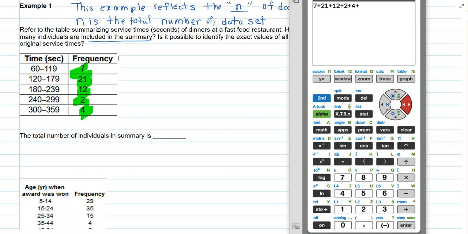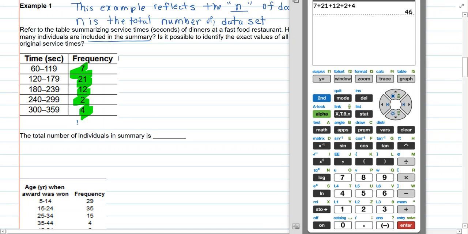And on this calculator, you can use the side arrow to delete any entry that's not important to you. You can't end a sum without a plus a number. So I'm going to hit enter, and I get the value of 46. So the total number of individuals in the summary of the distribution is 46.